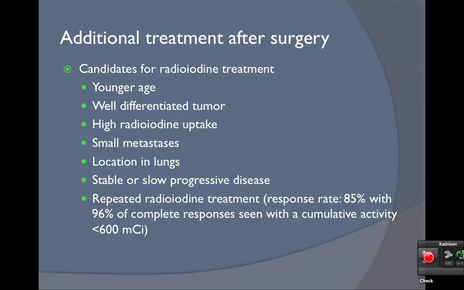They have cancer location in lungs, and also stable or slow progression of the cancer disease. Repeated radioiodine treatment, response rate is 85% with 96% of complete responses seen with a cumulative activity of greater than 600 of the radiation.